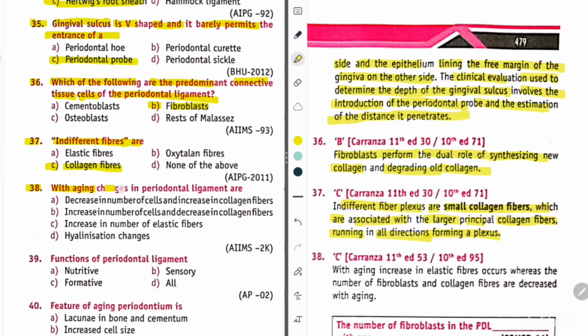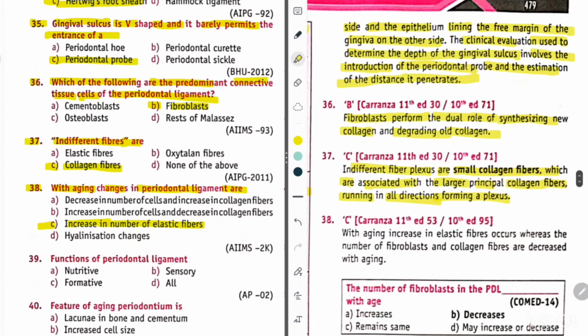Question 38. With aging, changes in the periodontal ligament are option A, decrease in number of cells and increase in collagen fibers, option B, increase in number of cells and decrease in collagen fibers, option C, increase in number of elastic fibers, or option D, hyalinization changes. So its answer is option C, increase in number of elastic fibers.